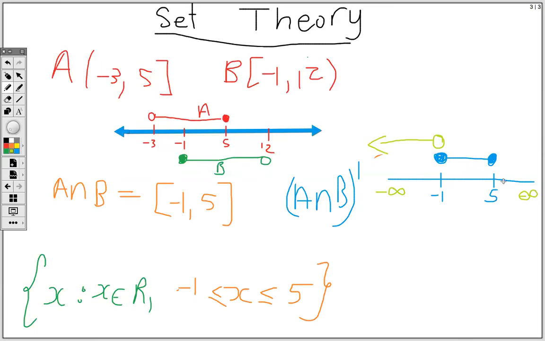The same goes for 5. At 5, if you realize, we have this number being used by the set. So I'm going to have an open circle here, and we're going towards positive infinity.